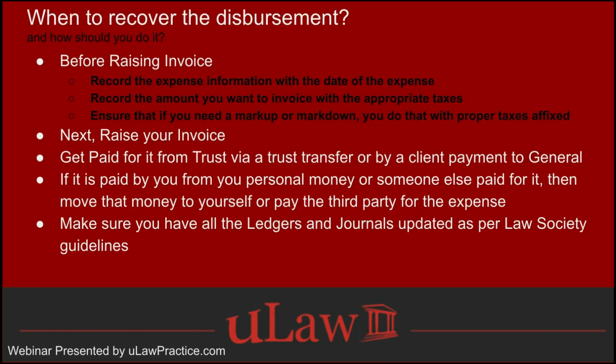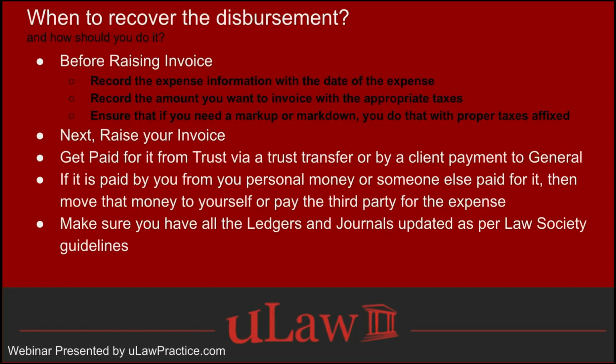Now, if you're doing it from general, obviously you have to ensure what the markup value is, what the markdown value is, what the amount is before taxes and after taxes, and the date of the expense and what it was done for. Raise an invoice, important point. Without raising an invoice, many of us just move on to transfer from trust to the general, and then you realize afterwards that you have missed a trust transfer entry in your program.